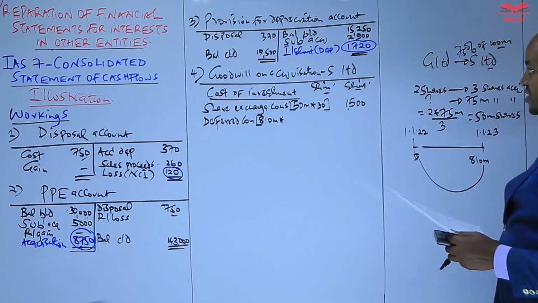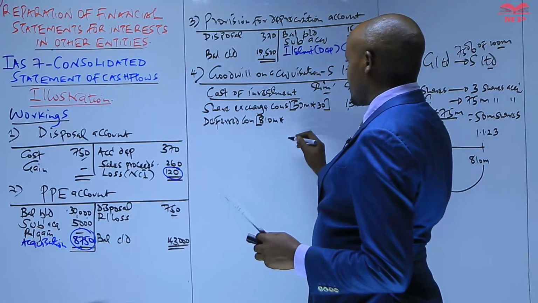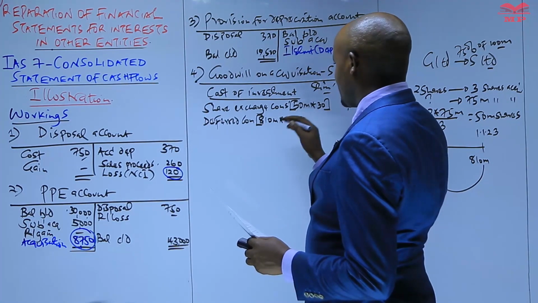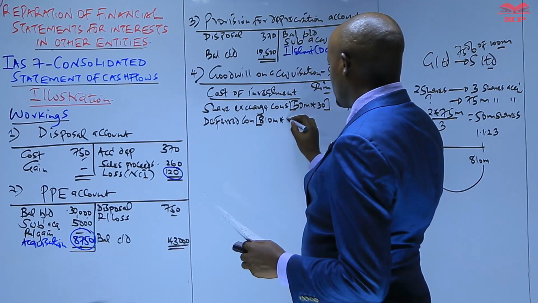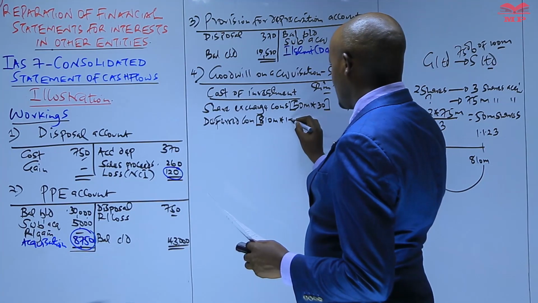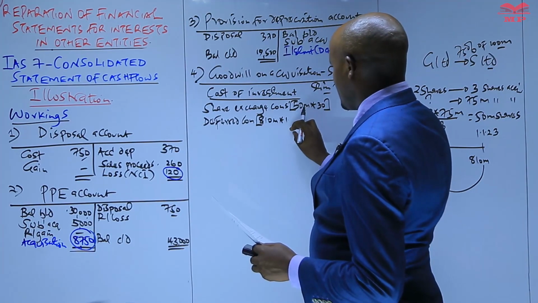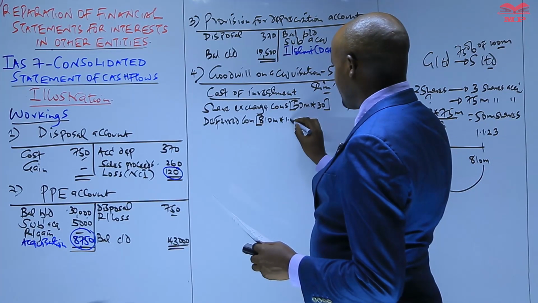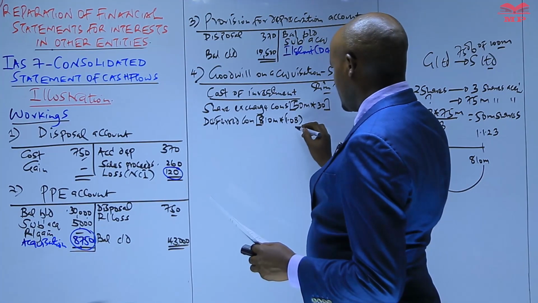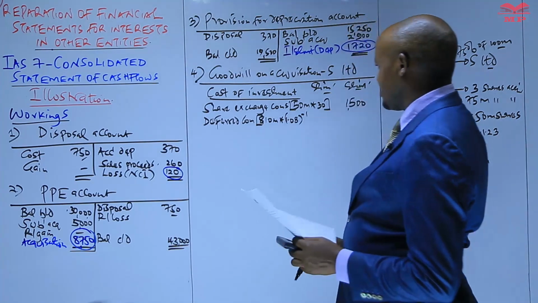So how do we discount this to its present value? We multiply that with a present value interest factor, which is equal to 1 plus R raised to power negative n. So our R in our case here is the parent company cost of capital, which is 8%, raised to power negative 1.